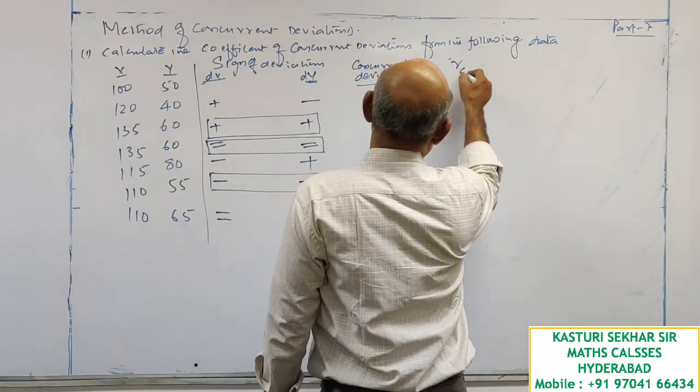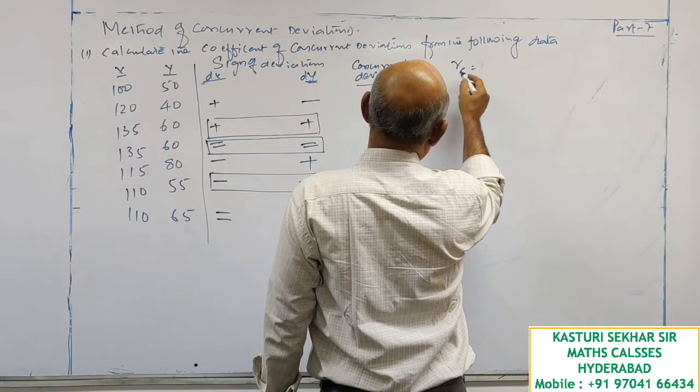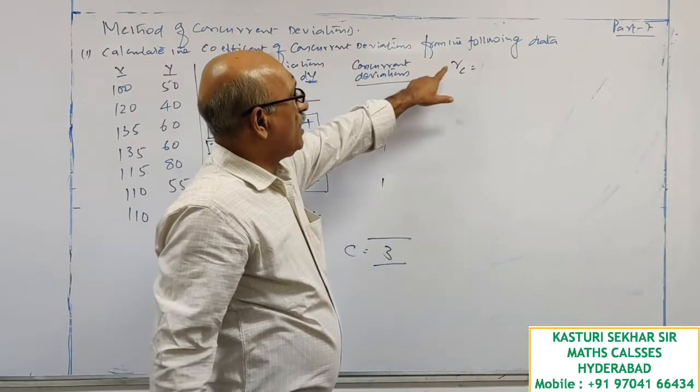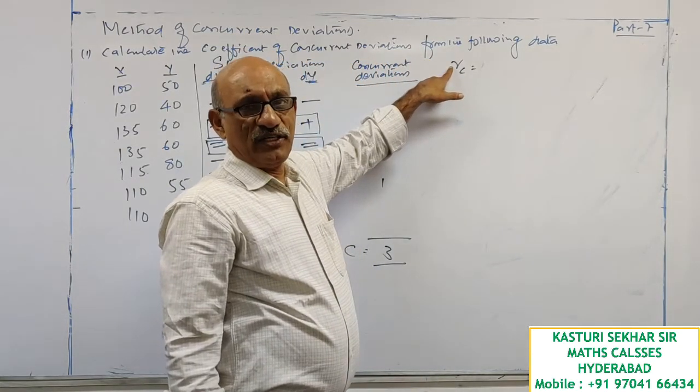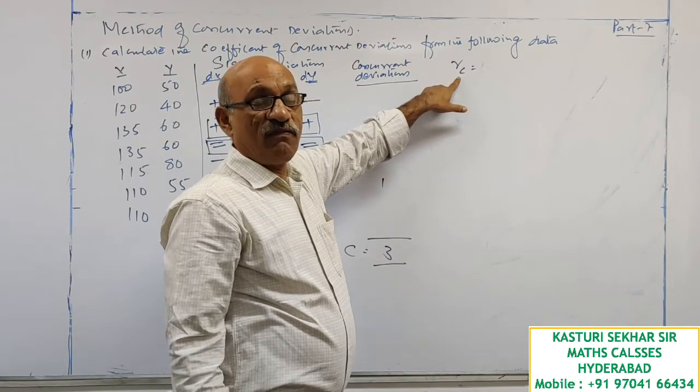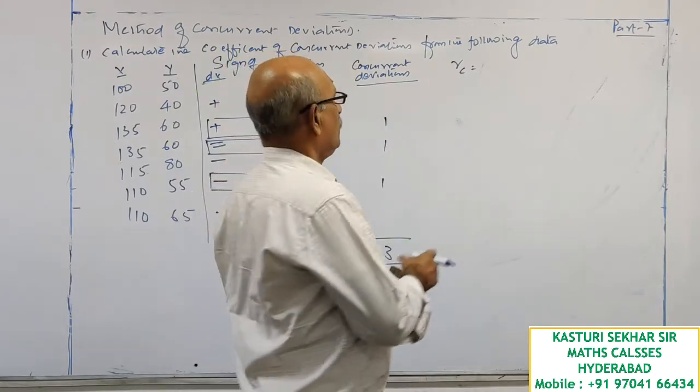How to calculate RC? R means coefficient of correlation, C means the method of concurrent deviations we use.